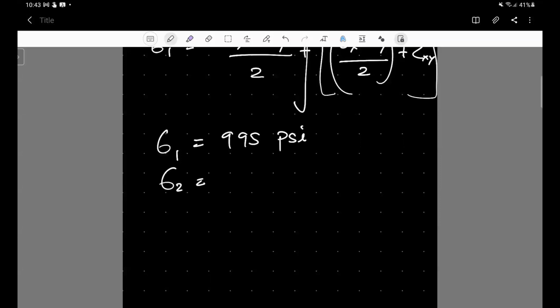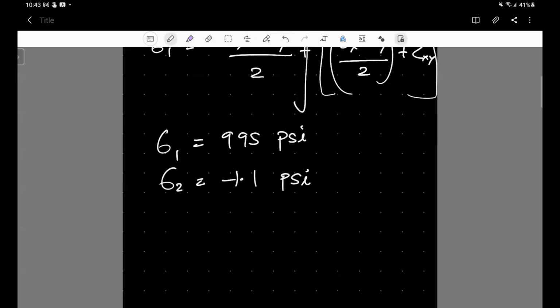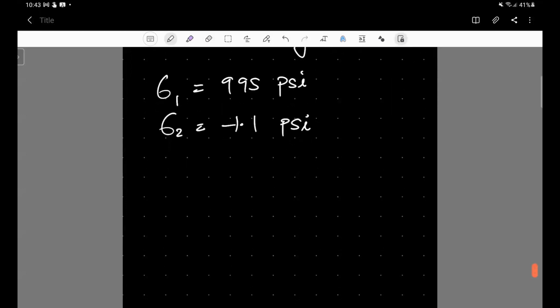So the second normal stress would be minus 1.1 pounds per square inch. Similarly, you can obtain the principal angles for the stress, and of course the two angles between the two principal stresses would be 90 degrees, that is, they are perpendicular to each other.